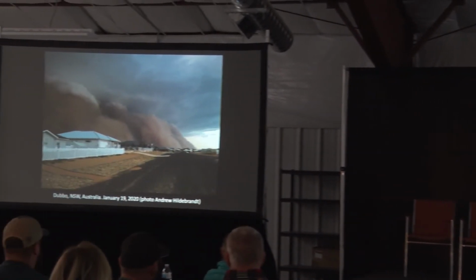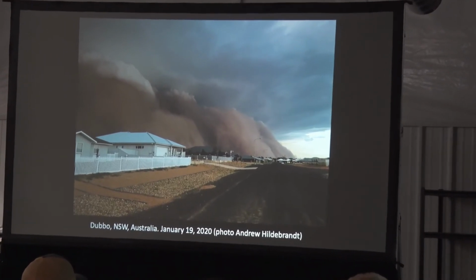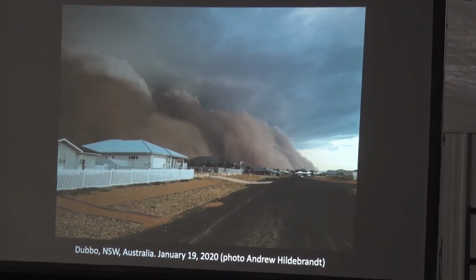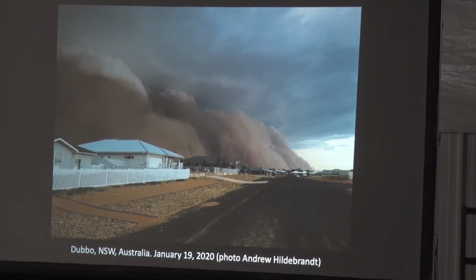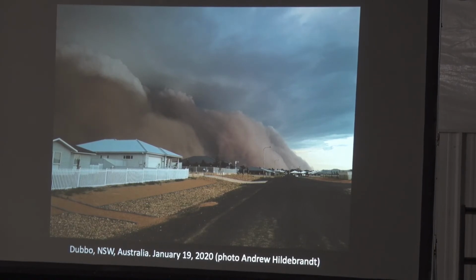Now, this photograph was taken in Australia about 2 weeks ago. So much for the end of the Dust Bowl era, right? When was the Dust Bowl era supposed to be? In the 1930s or something? We have not learned a thing in Australia.